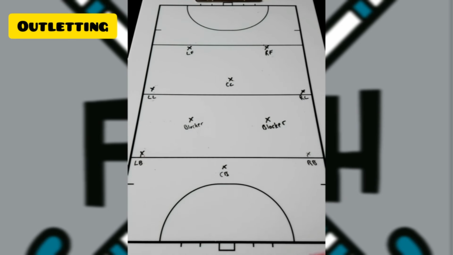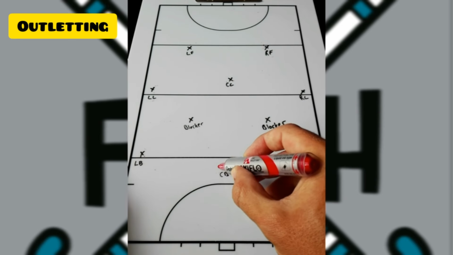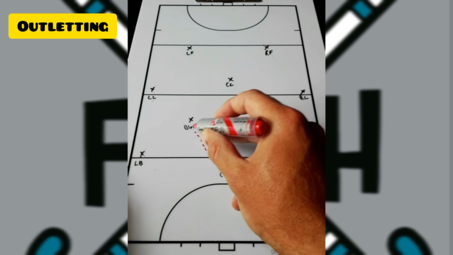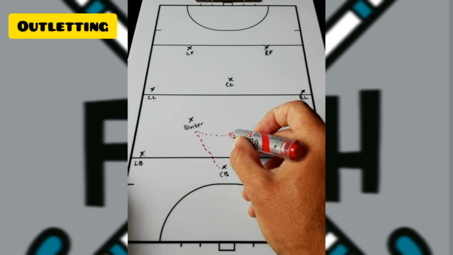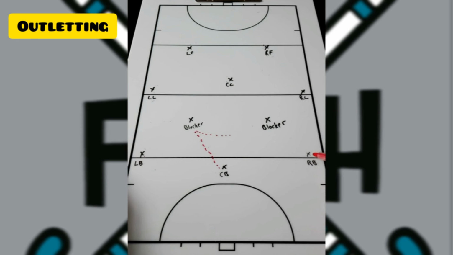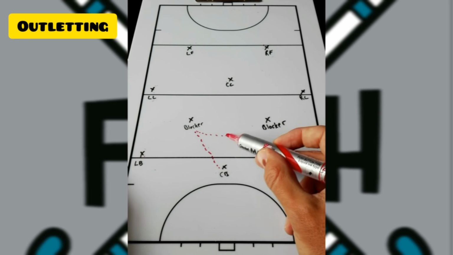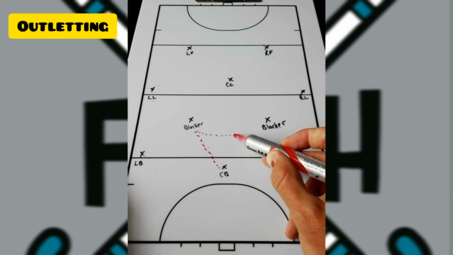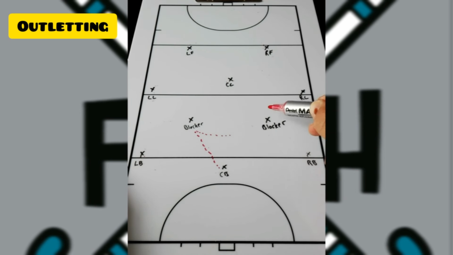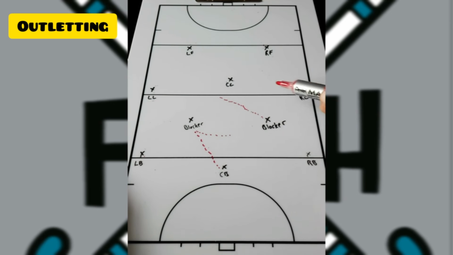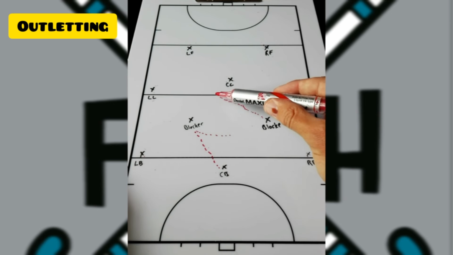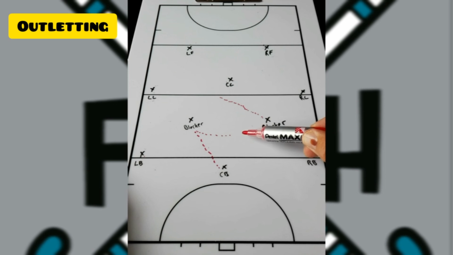Here's an option that you can use: when the center back passes to blocker number 1, blocker number 1 will arc into space towards the right side and towards this right back. As soon as blocker number 1 arcs towards the right back, blocker number 2 will re-lead and lead against the grain to open up space on this side and to be an option for blocker number 1.